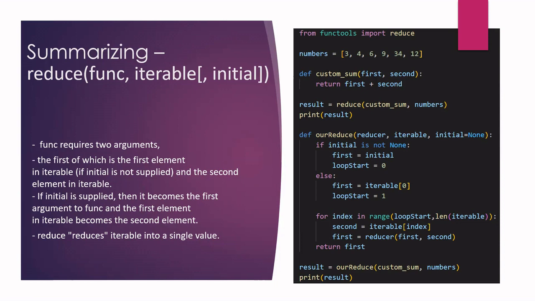Now what would be the second here? In the next iteration, the second will be the next element in the list. So we send them to the reducer, and then in the next iteration, first will be the result of that operation, and second will be the next element in the list, and so on.